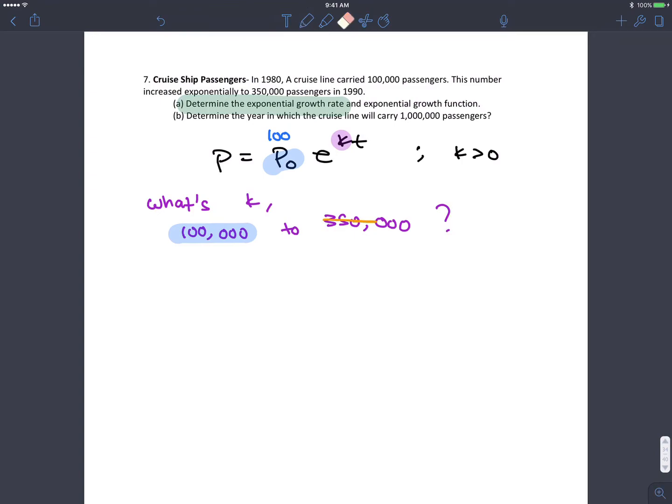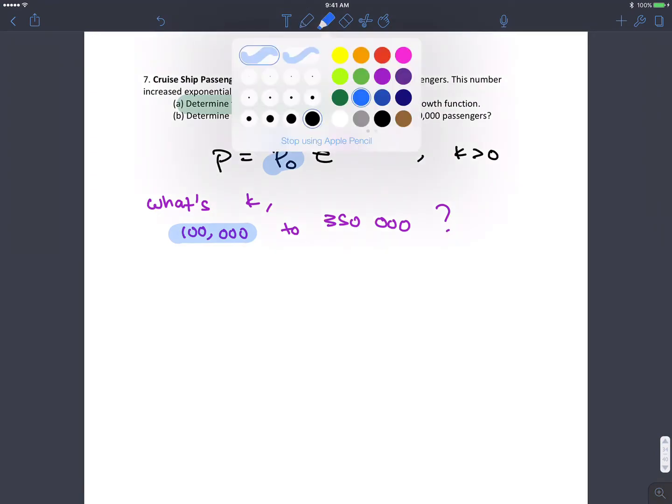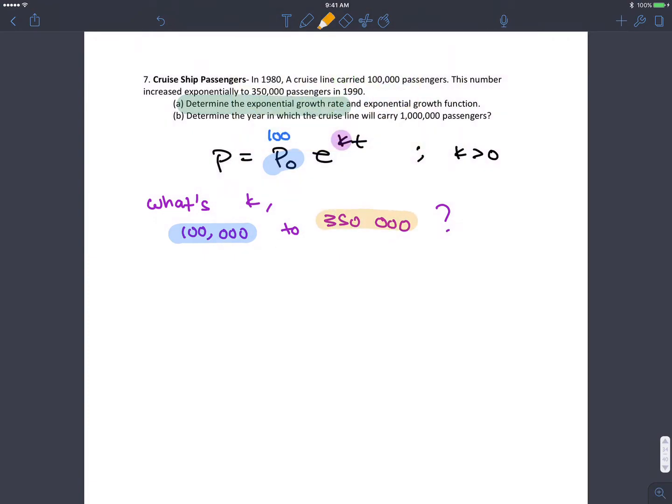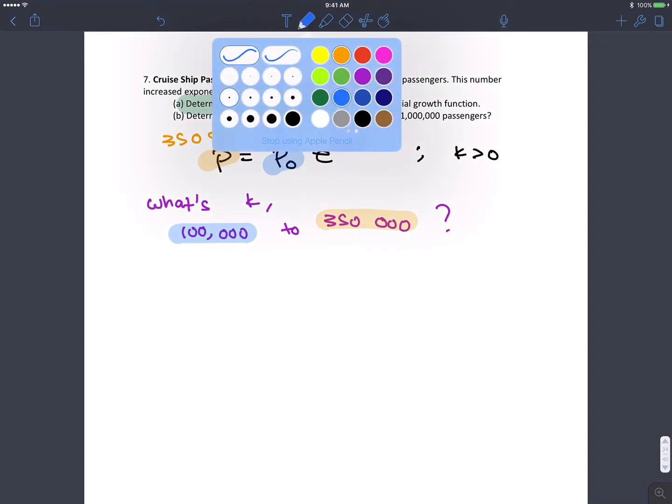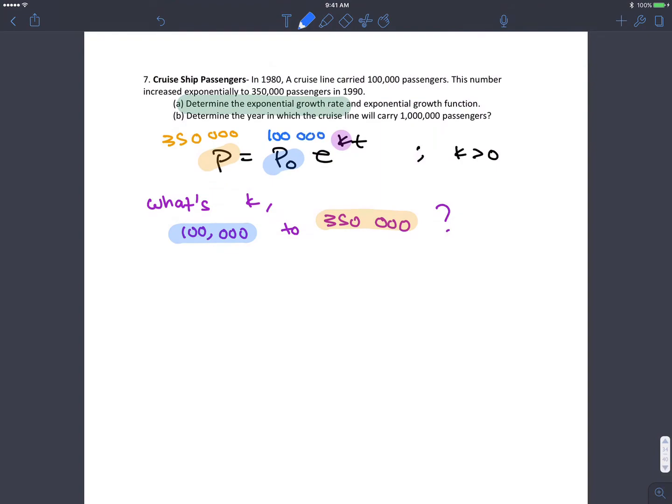Let's use orange. That's going to go over here for our value. Since this is in thousands, I'll use 350. We could do that, or we can actually put the number 350,000, but make sure this is going to be 100,000.